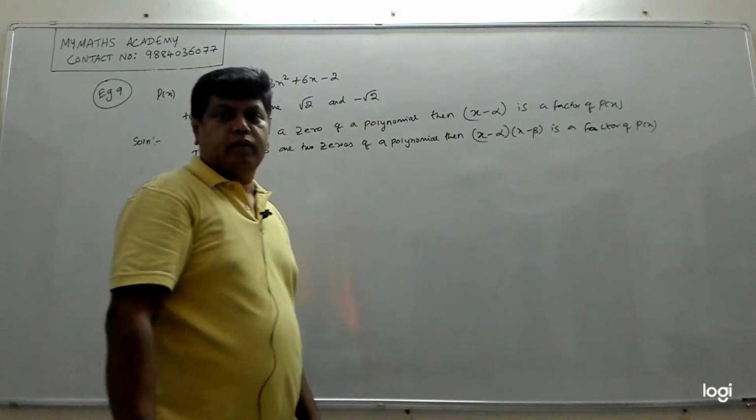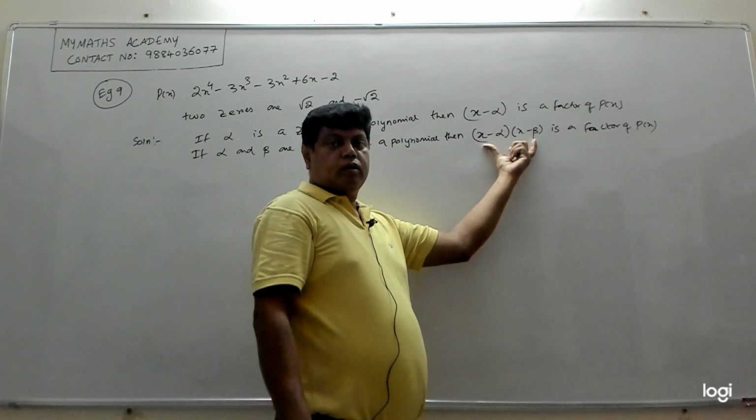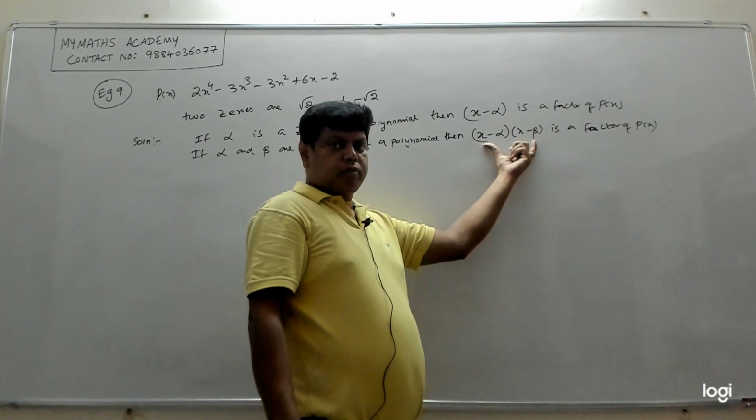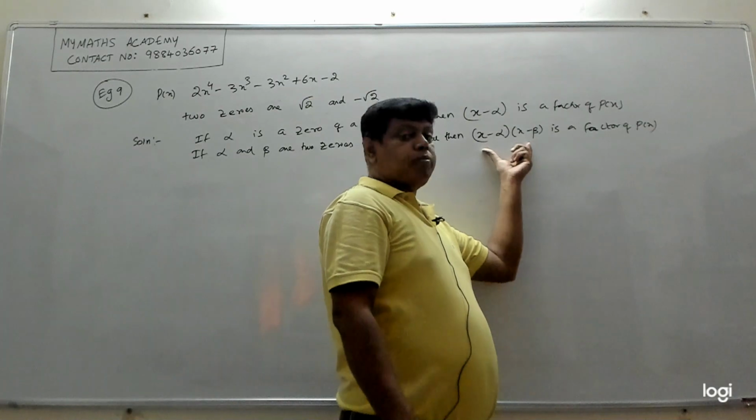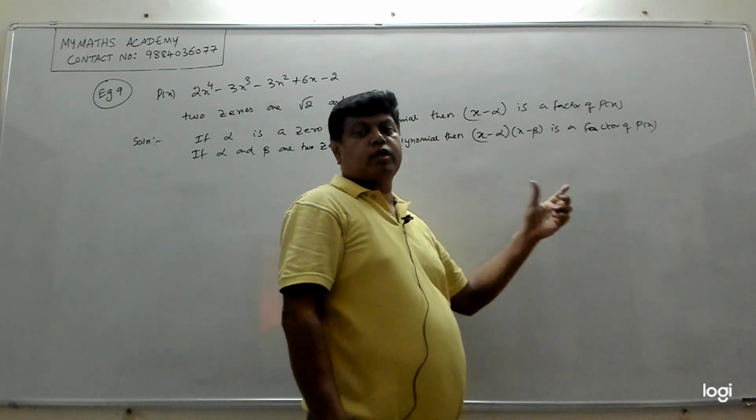To multiply these two, you will get obviously a quadratic polynomial. That polynomial will exactly divide p of x, which means the remainder will be 0. That is the meaning of that.